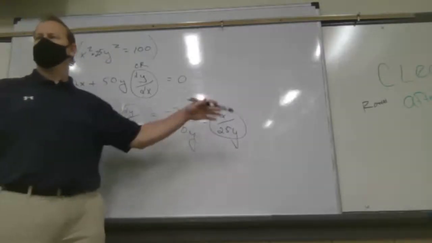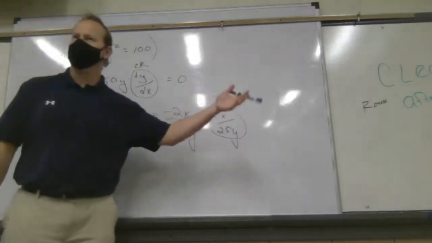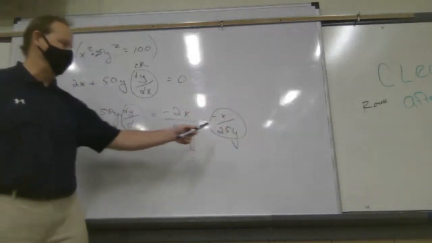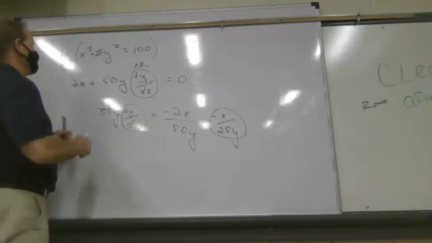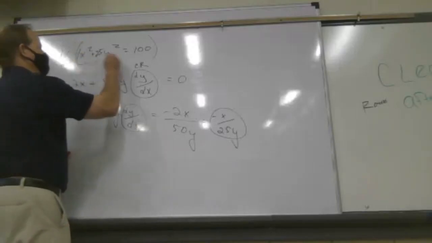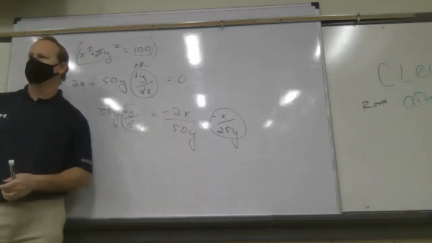And then you're probably gonna end up having to attach a dy/dx at least one time in there. And then I can sub this back in for that. And if you happen to have the original x squared plus 25y squared somewhere in there, you can replace that with 100, if it shows up. Does that make sense or not?